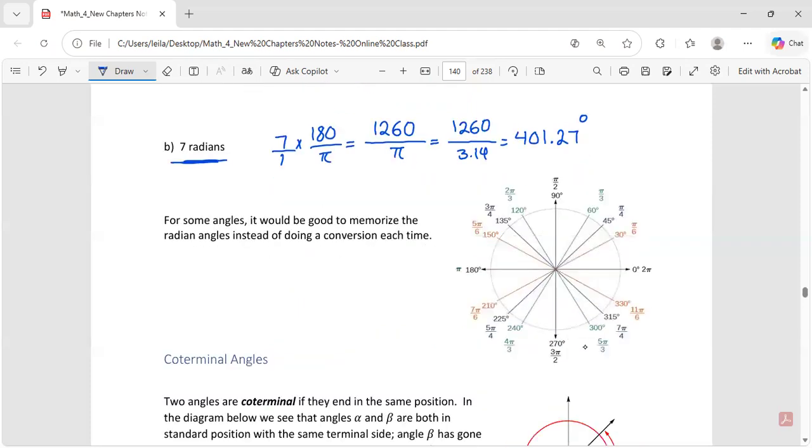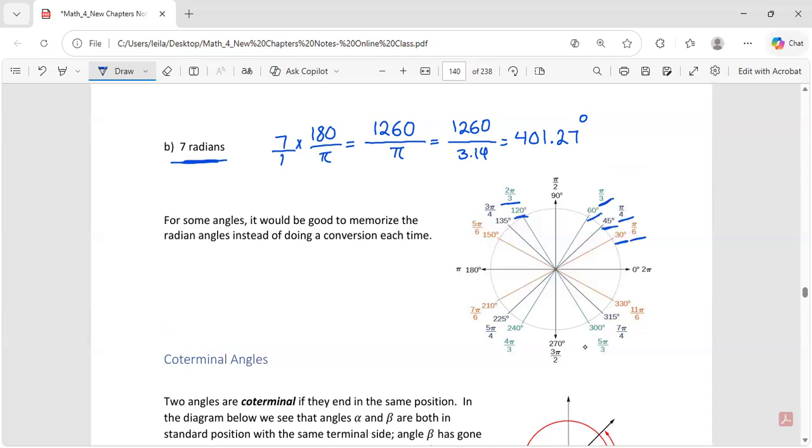So for some angles, it's good if you can memorize the radian angles and remember that conversion, because a 30-degree angle is always pi over 6. 45 degrees in radian is always pi over 4. 60 degrees is always pi over 3. Or 120 degrees, 2 pi over 3. So if you remember some of them, that helps you a lot.